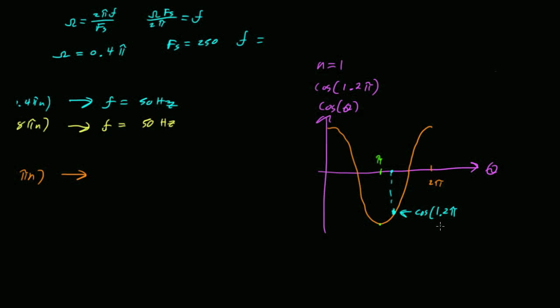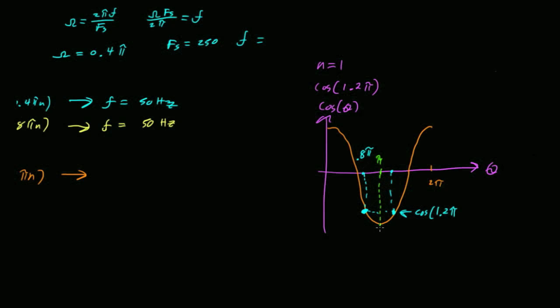Would you agree with me that the cosine of 1.2 pi is exactly the same as this number right here? What number does that correspond to? Just by argument of symmetry, if this is 2/10 pi, this better be 2/10 pi. Look at what I'm telling you.